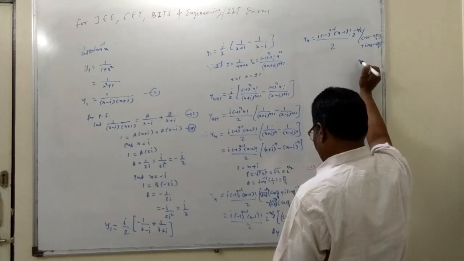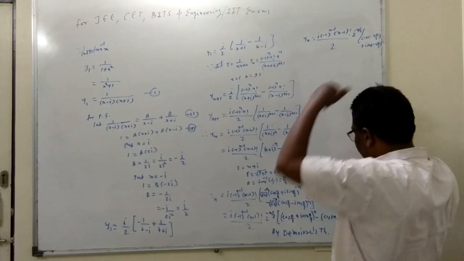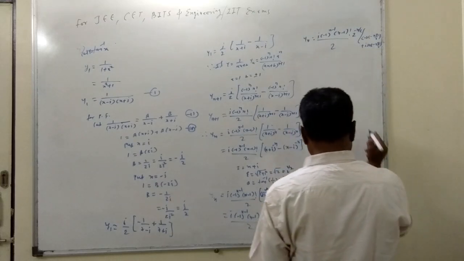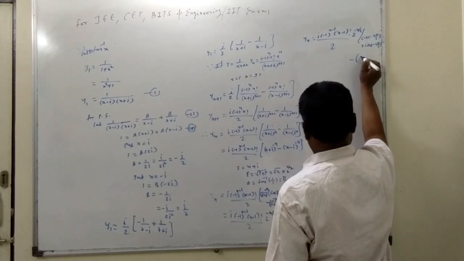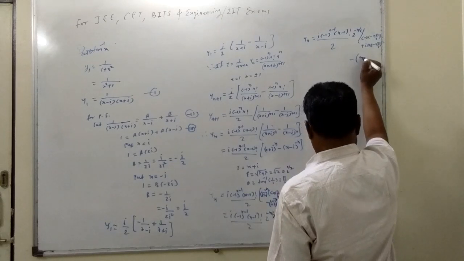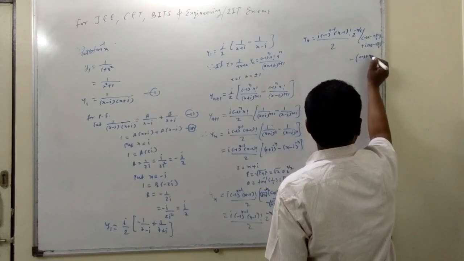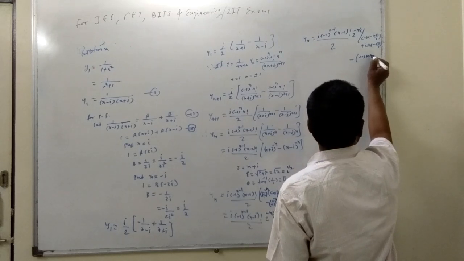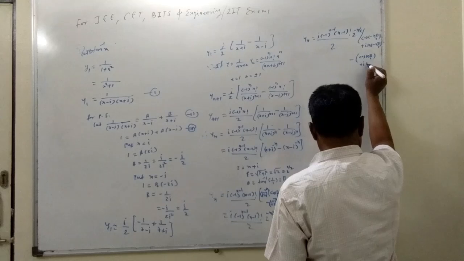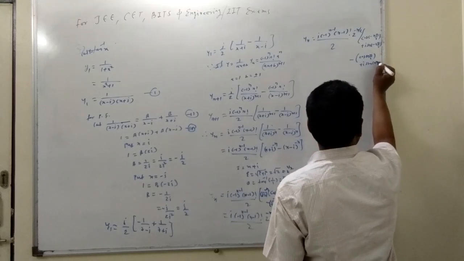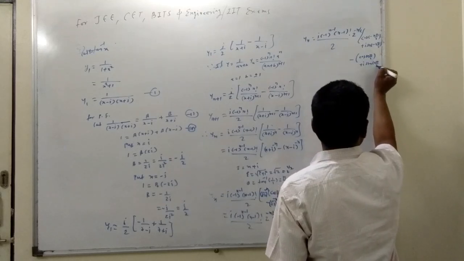So when the function is in polar form, the power is multiplied, that is De Moivre's theorem, minus into bracket cos of minus plus n pi by 4 plus i sin minus plus n pi by 4.